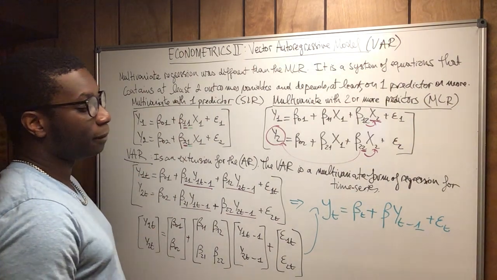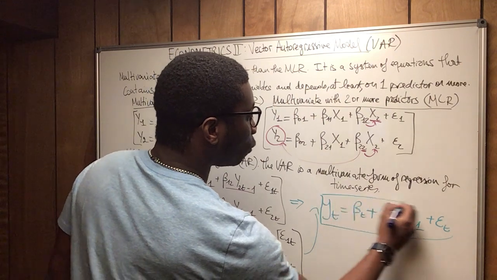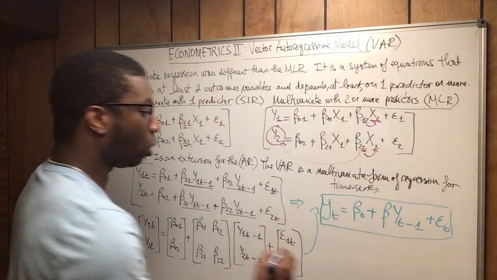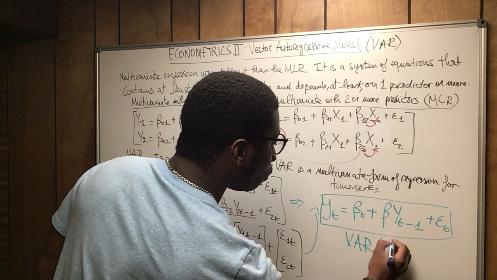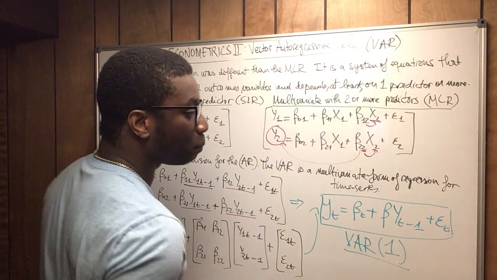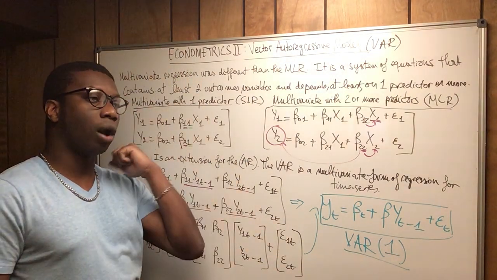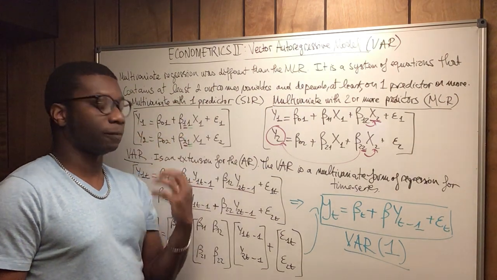So at the end of the day, this model shows that the VAR model we're dealing with is called the VAR 1. It means Vector Autoregressive 1 because we're moving only one lag. It's one value in the past.